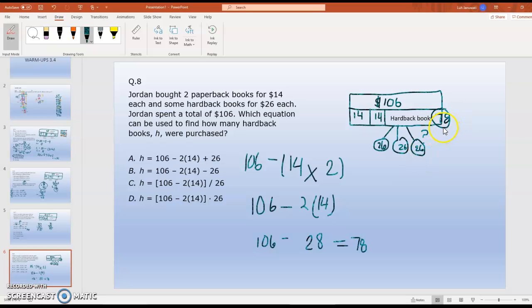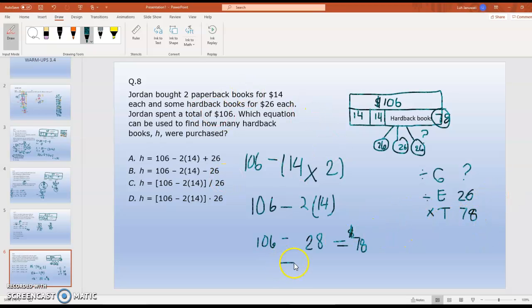So he spent $78 on books, and each one is $26, right? Each one is $26, and the total is 78. So to find how many books did he buy, oh, I don't know, Jordan could be a girl too.